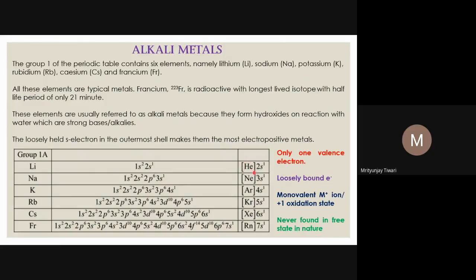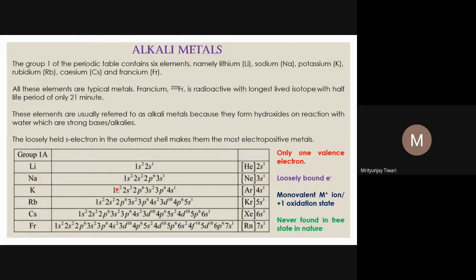This is a general trend that people follow. For sodium, 1s2, 2s2, 2p6, 3s1, and here 1s2, 2s2, 2p6 is the electronic configuration of neon, so we can write neon and then 3s1. Sodium has 11 electrons, potassium has 19 electrons.